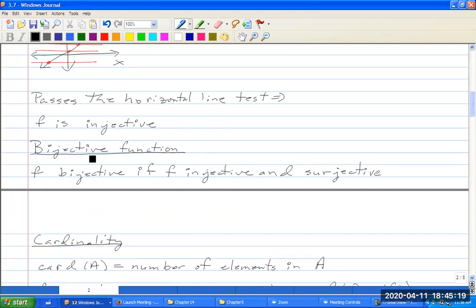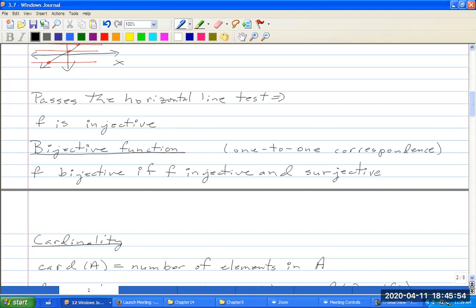A bijective function is sometimes also called a one-to-one and onto function, or a one-to-one correspondence. F is bijective if f is injective and f is surjective.